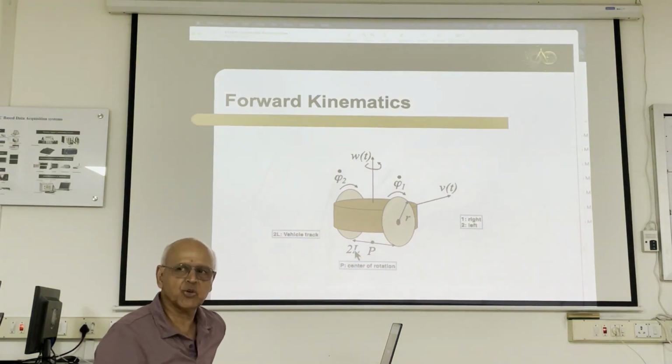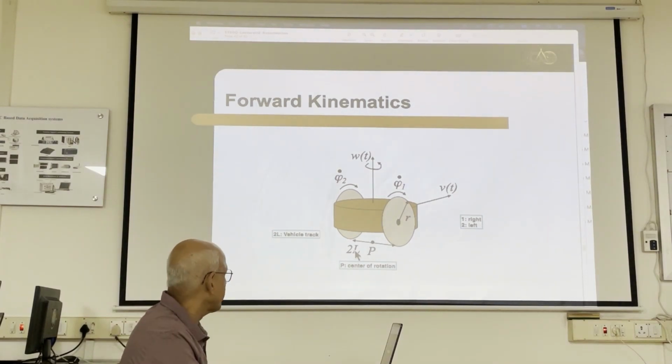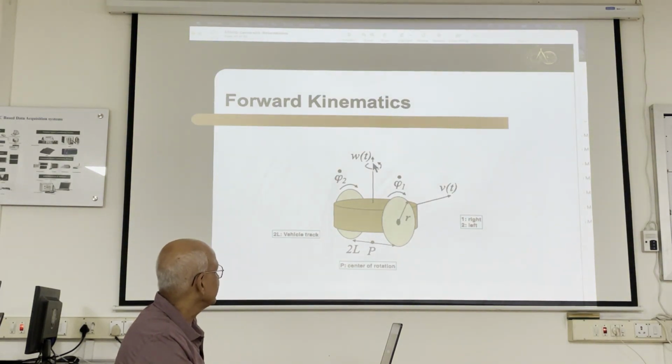The reason you use 2L and not L is because half of that is the spacing from P to the wheel. So P is halfway between the wheels. So that's the forward velocity V, and this is the rotation omega.